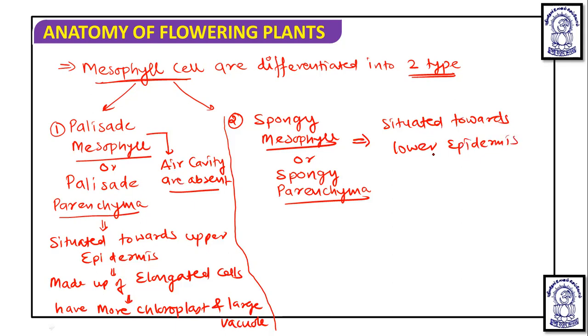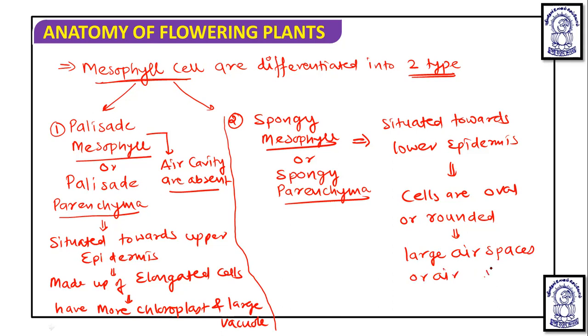And when they are situated on the lower epidermis or abaxial or dorsal surface, their cells are oval or rounded, and due to the oval or rounded nature, large air spaces or intercellular spaces or air cavities are present.